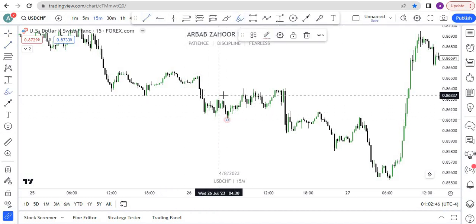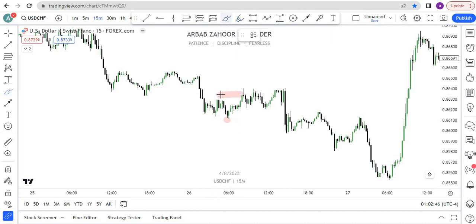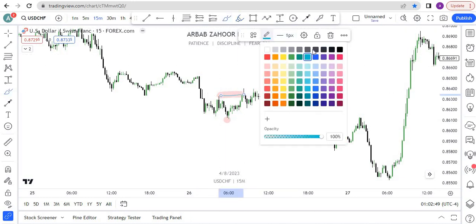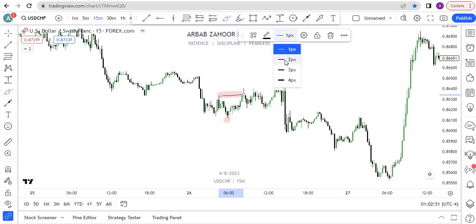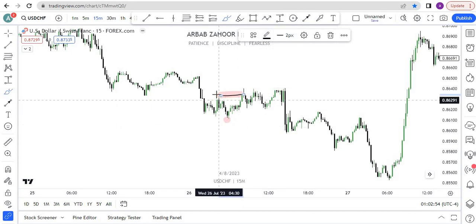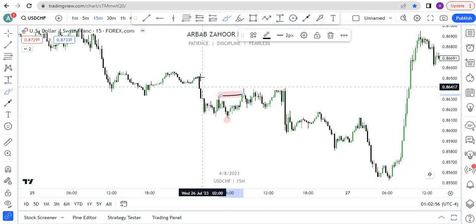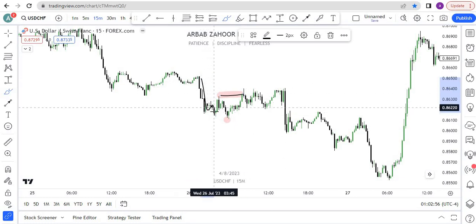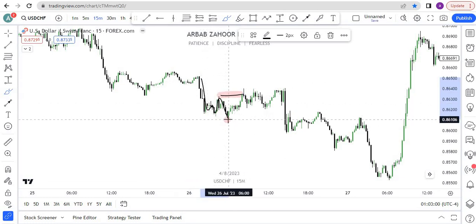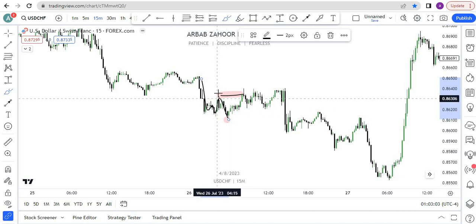Why? Because the market took out this inducement. This is the first pullback, as you see here small, and then it made a new low. That broke this one, and this was the low that needed to be broken to confirm this lower low.